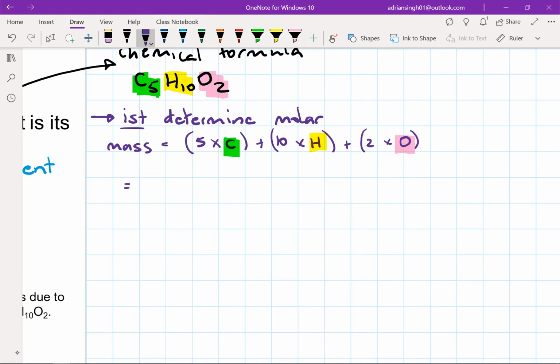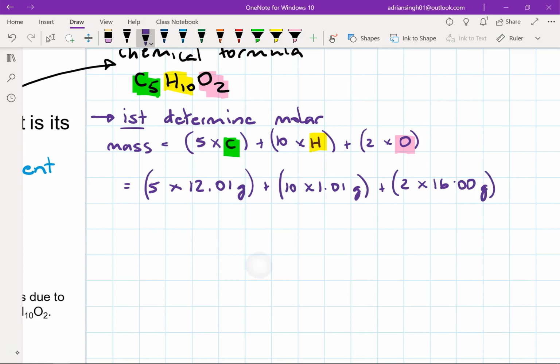So we're going to have 5 times carbon, which is 12.01 grams, plus 10 times hydrogen, which is 1.01 grams, plus 2 oxygens, and oxygen is 16.00 grams. We just add those up and we get our molar mass for this particular compound.